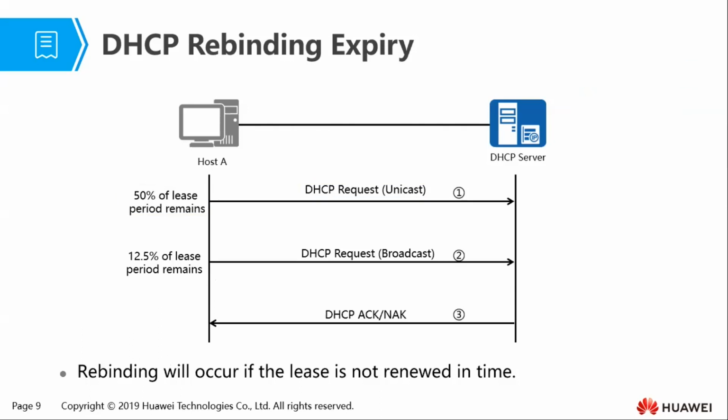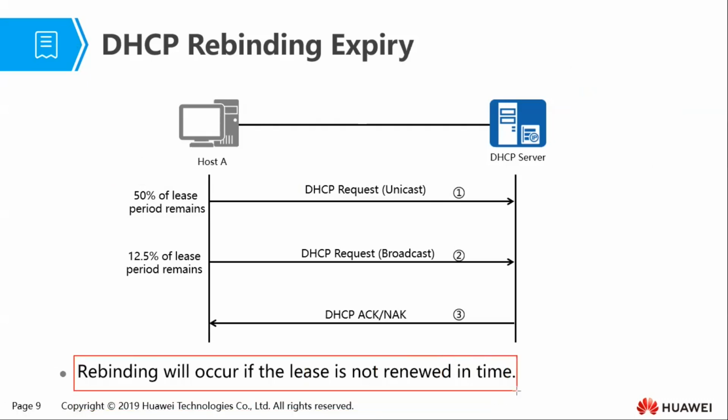So let's see what we call rebinding expiry. Rebinding will occur if the lease is not renewed in time. So what is that?